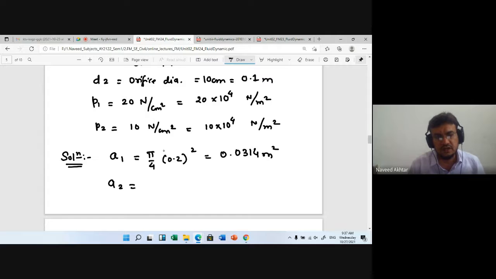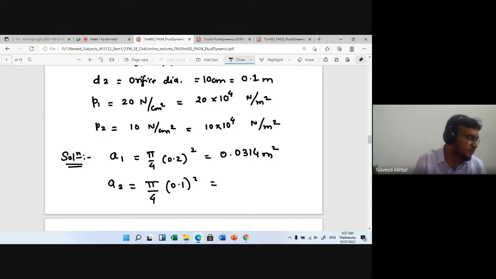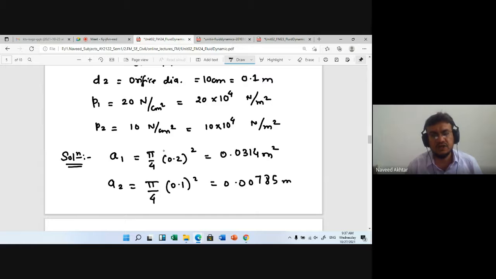For the area of the orifice, diameter D2 is given 10 centimeter, that is 0.1 meter. If I write 0.1 square into pi divided by 4, it is 0.0075 meter square.